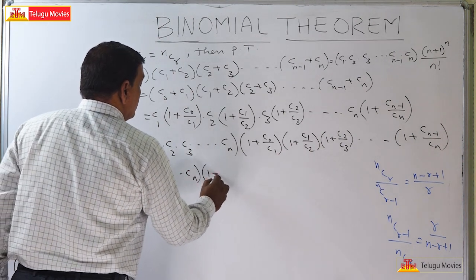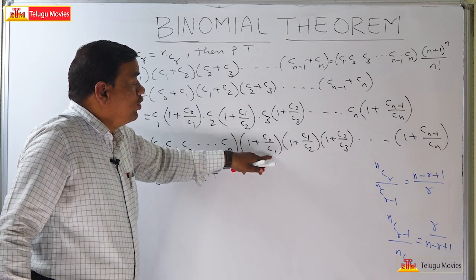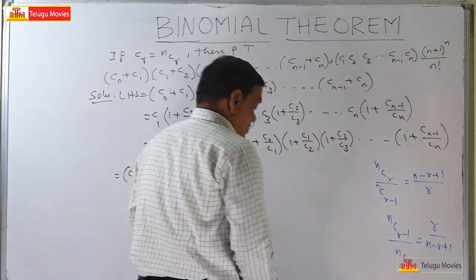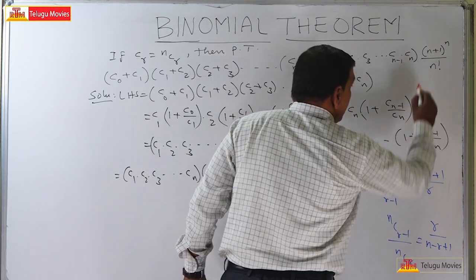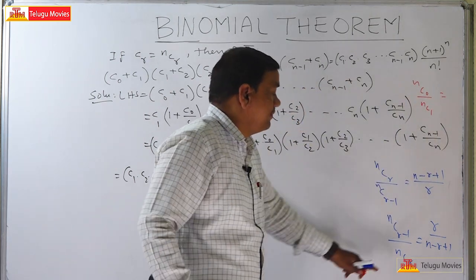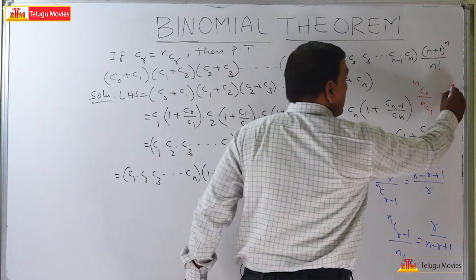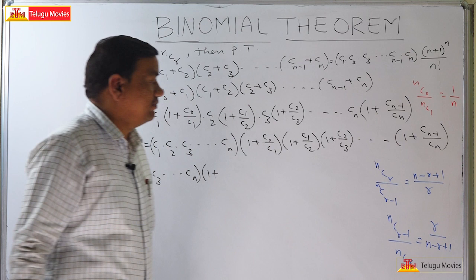This is a 1 plus, see here, C0 means what? NC0 by NC1. So what is NC0 by NC1? So NC0 by NC1, see here, NC0 by NC1. So what will come here? Whatever may be the R directly will come here, 1 by N minus 0, 1. 1 by N will come.